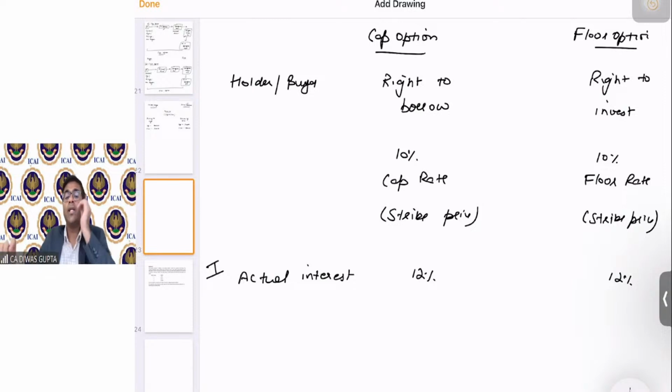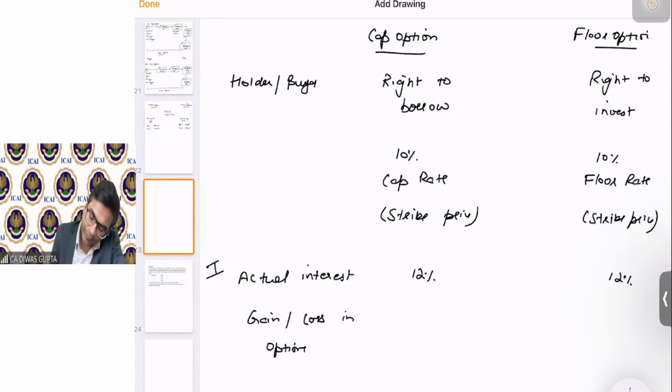Because the right to borrow was at 10% and the market has moved to 12. So the person who has this right is actually a right for 2%, right? Because there will be a gain now. So gain slash loss in options. So 2% gain will be there.